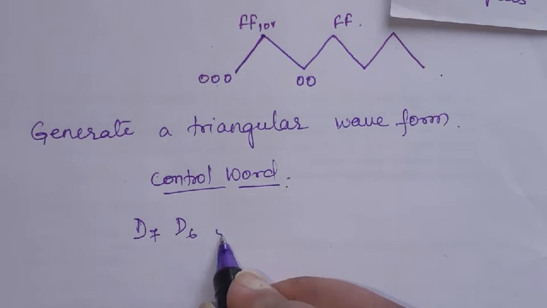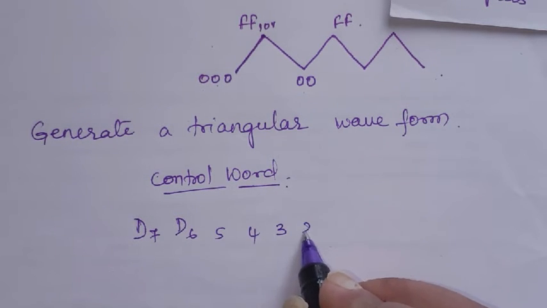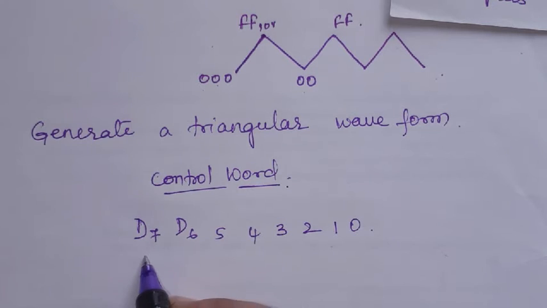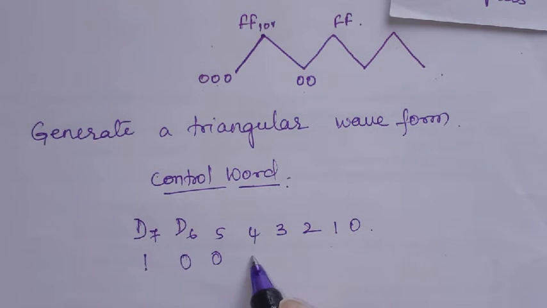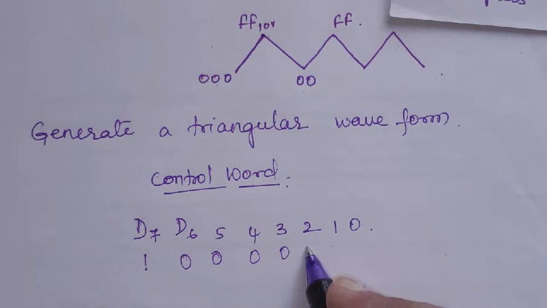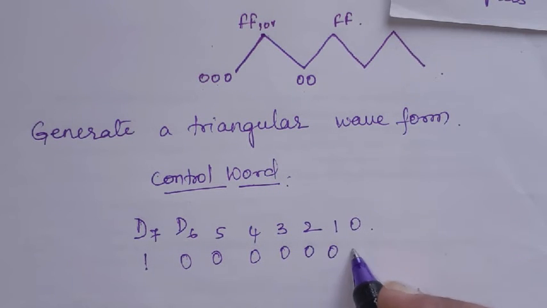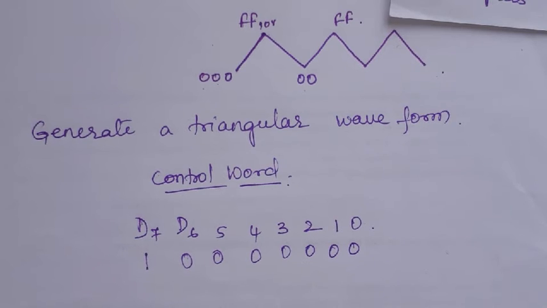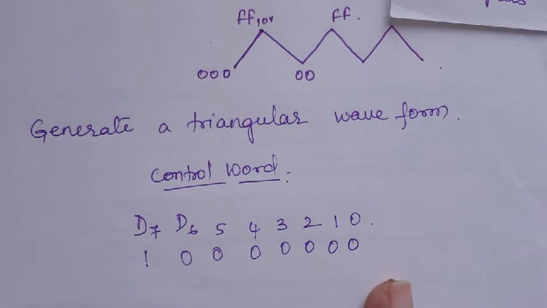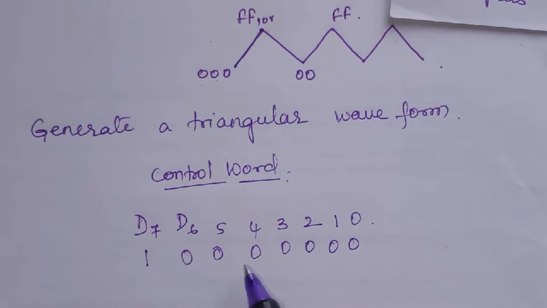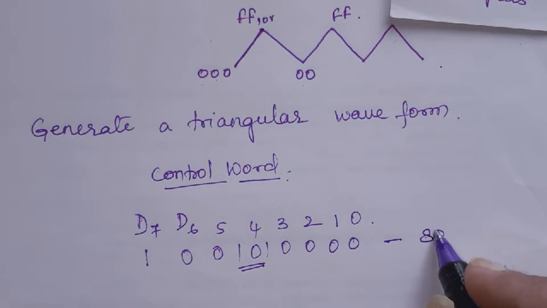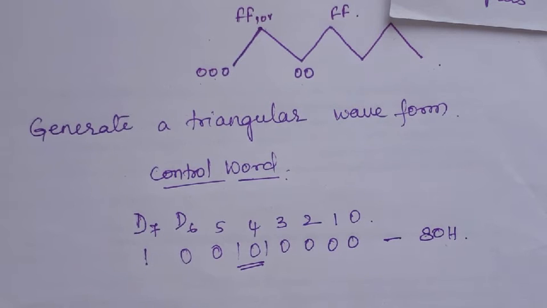So the control word will be: IO mode, group A in mode 0, port A as output port. All the other ports we can say are don't cares. We can take them as input or output. We are not using the other port pins. Here important is port A, it must be initialized as output port. So the control word will be 80H.